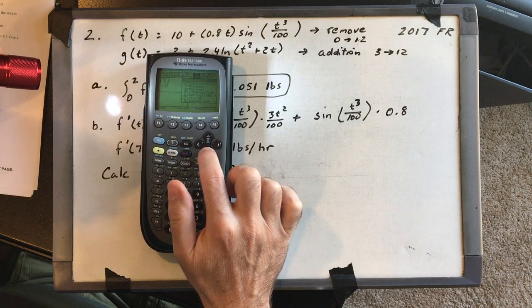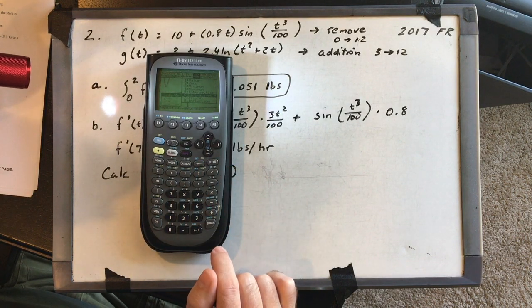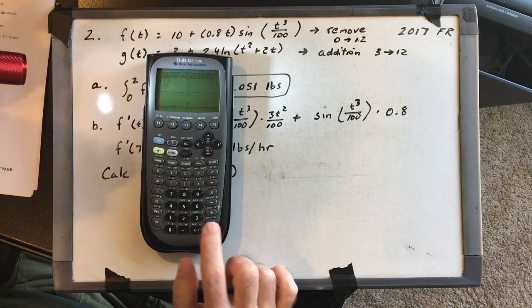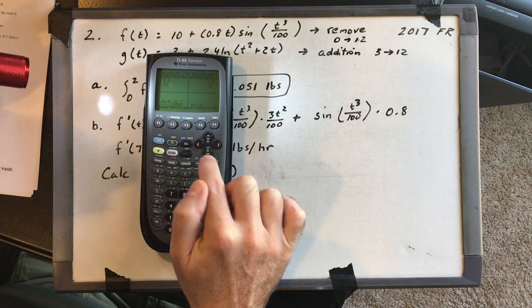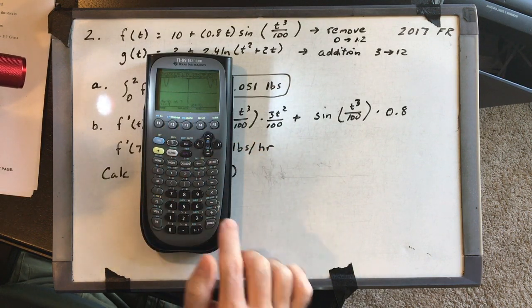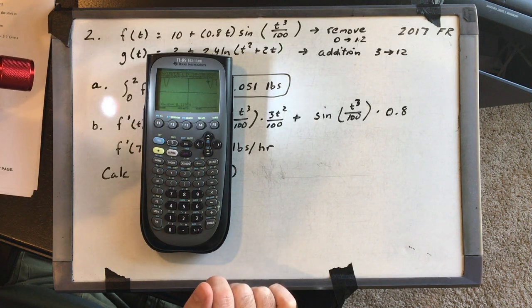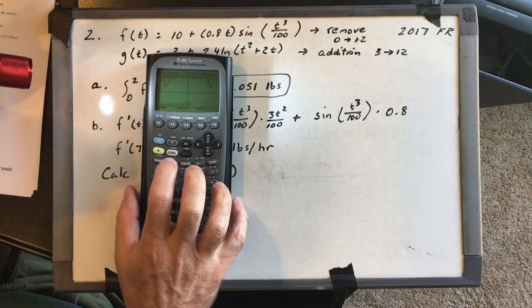And then go down to 6 for derivatives. Hit enter. And then a dy dx pops up there, so hit that. And then dy dx at what? And just type in 7. And then hit enter. And it tells you negative 8.119. So that's negative 8.12.